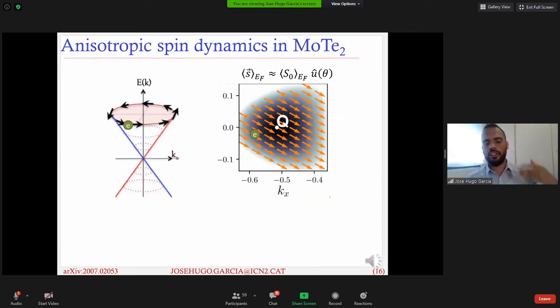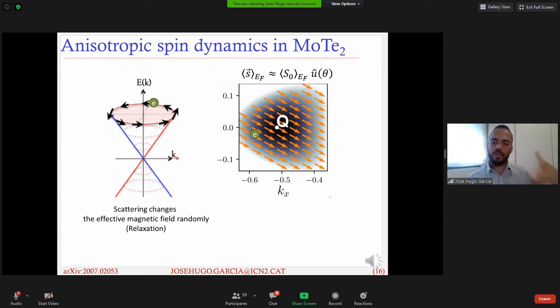For this, you have to remember one of the mechanisms for spin relaxation. If you have spin momentum locking or spin-orbit coupling in general, and your electron is moving with a particular momentum and then scatters due to disorder, then the effective magnetic field due to the spin-orbit coupling will change.